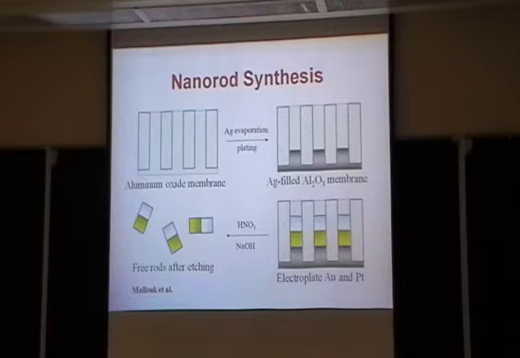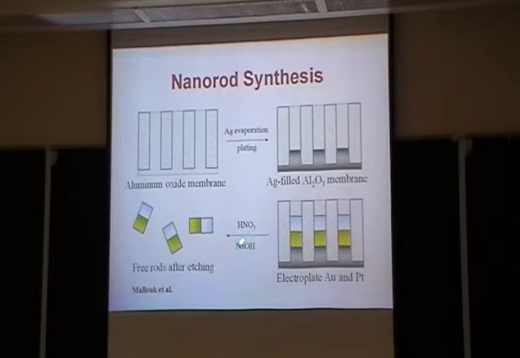And depending on the metal that you choose, you deposit whatever metal you want, platinum, gold, nickel, what have you. And depending on how long you do it, each segment length can be varied at will. So in this case, you first deposit gold, and then you deposit platinum, for example, or you could have done it in the reverse way.